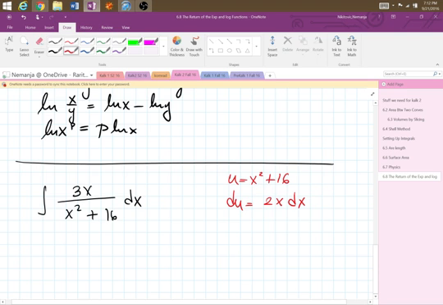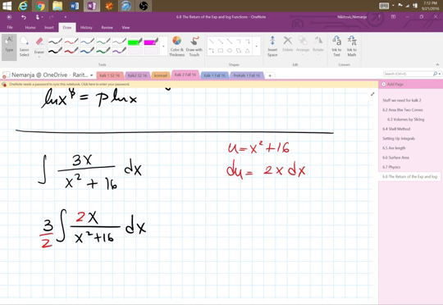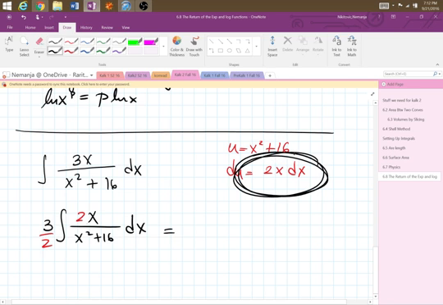So now I'm going to kick 3 outside, and then I have to fix. I need a 2, so 2x and then over 2 outside, because I need 2x dx.